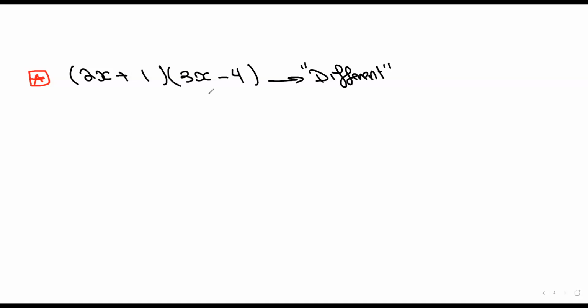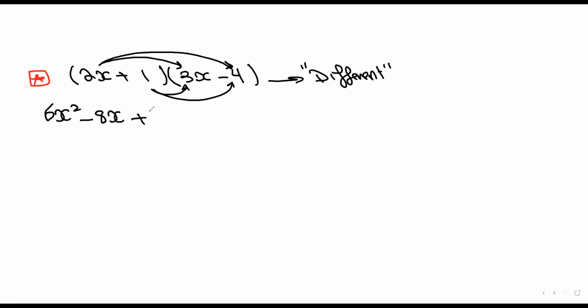How do I expand different brackets? You take the first term, multiply here, multiply there. So 2 times 3 is 6, x times x is x power 2, and 2x times negative 4 is negative 8x. Then you take the 1, multiply here, multiply there: 1 times 3x is 3x, and 1 times negative 4 is negative 4.